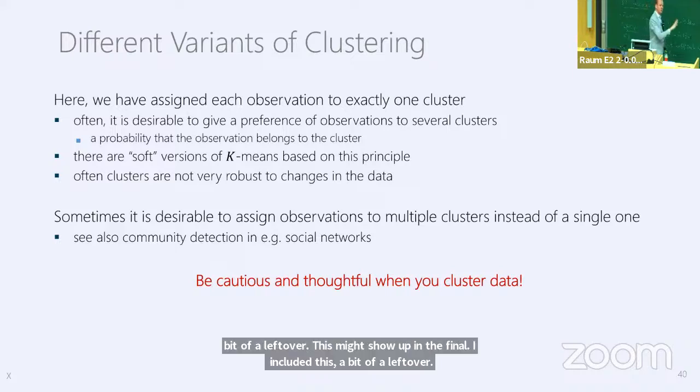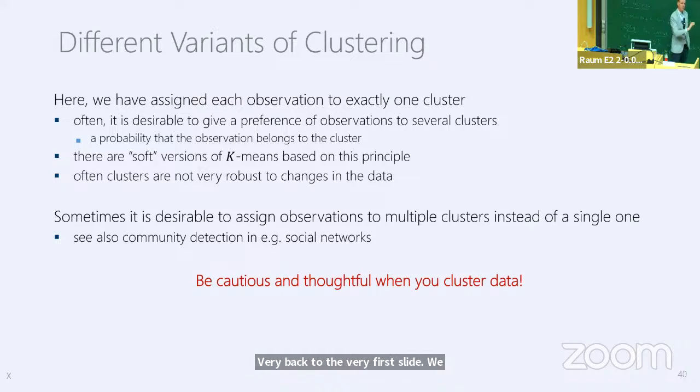Back to the very first slide. We now spoke exclusively about exclusive clustering. Every point is assigned to only one cluster and one cluster only. You can imagine that if we allow points to be part of multiple clusters, right, or any of you, of course, I'm not going to be exclusive there either, that opens up so many more possibilities for probabilities.